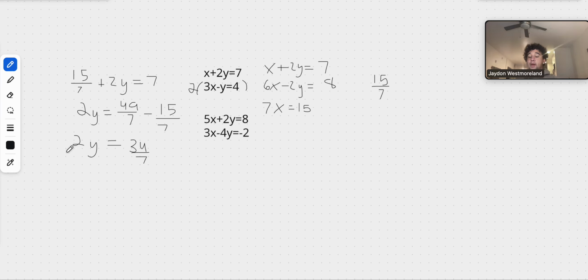And then I'm going to divide by 2. Again, that's the same thing as multiplying by 1/2, giving me y is equal to 34/14. Which again, we can reduce, let's divide it by 2, to 17/7. So the answer there is going to be 15/7, 17/7.